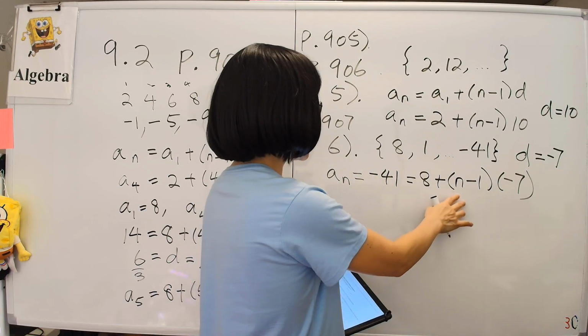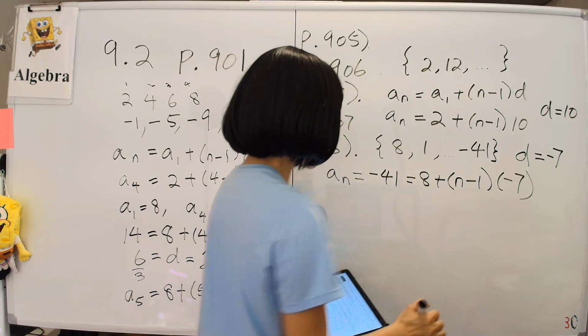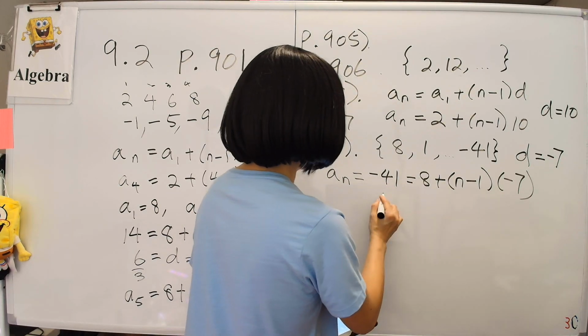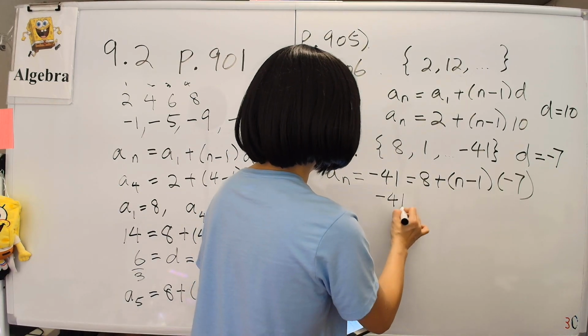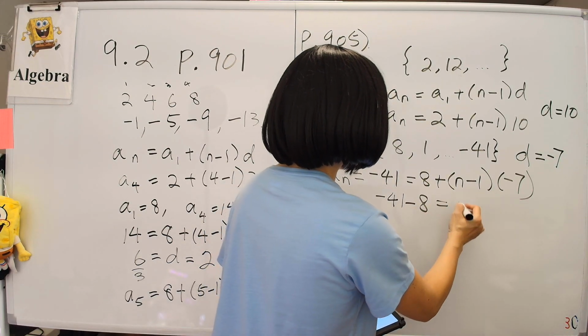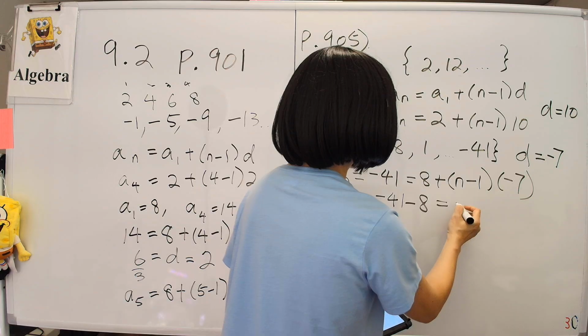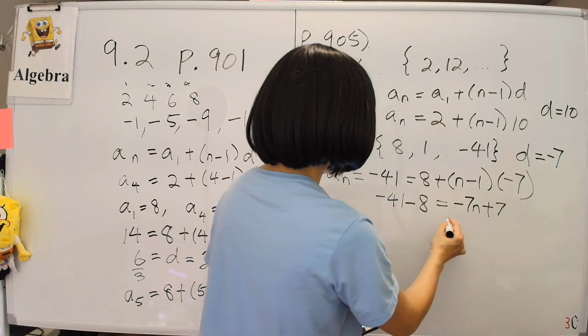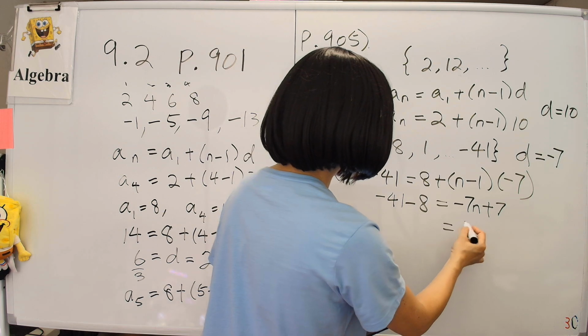We need to figure out what n is. So let's move the 8 over here. It becomes negative 41 minus 8, and that equals n times negative 7, plus 7. Okay, and so solve this simple equation.